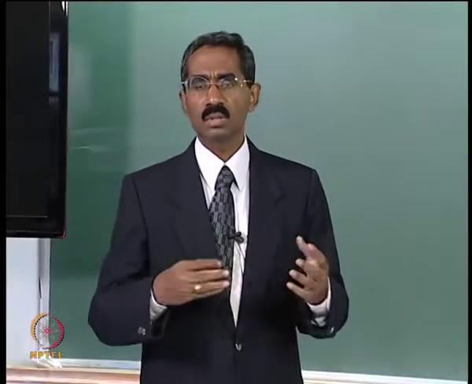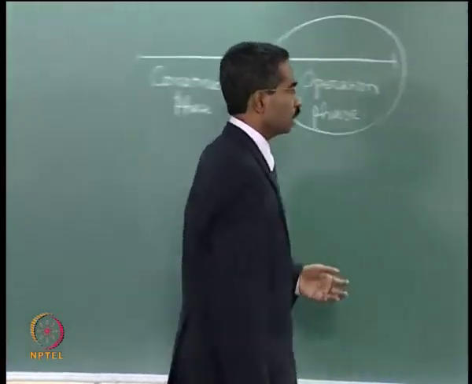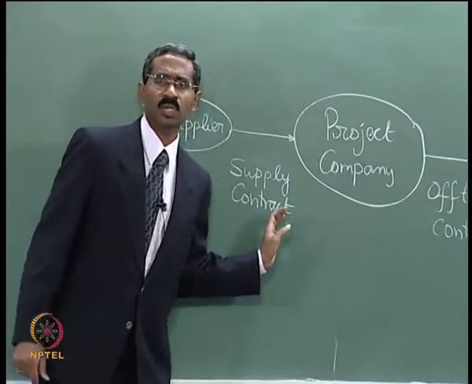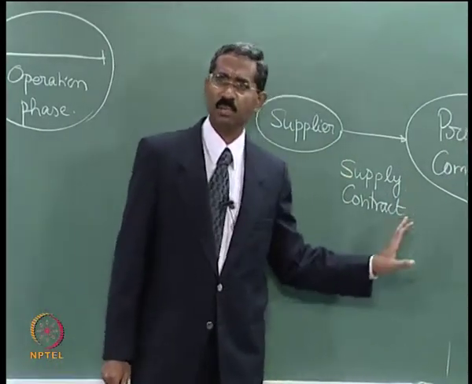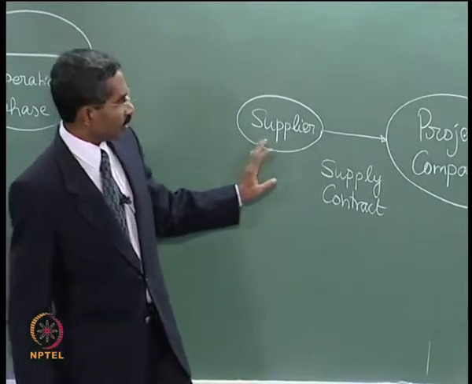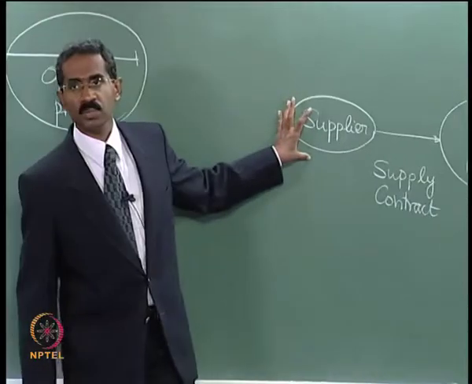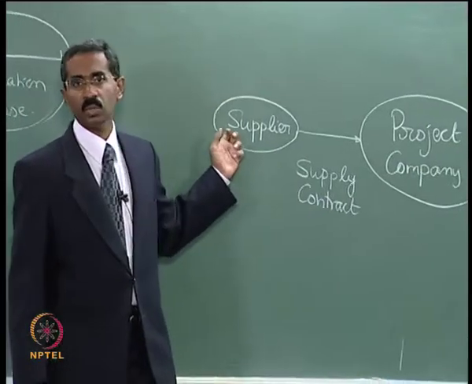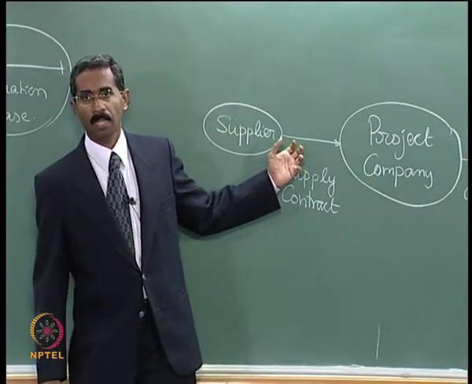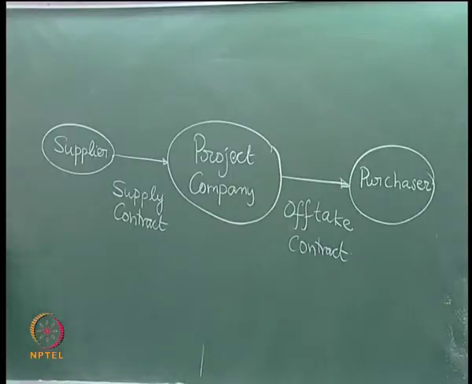So therefore, there have to be a lot of parallel provisions between the offtake contract and the supply contract. Remember, the supply contract has several provisions of the offtake contract simply because for the project company this is a supply contract, but from the supplier's perspective, this actually is an offtake contract because there is a purchaser for whatever he is supplying. So therefore, you will find many similarities between a supply contract and an offtake contract.